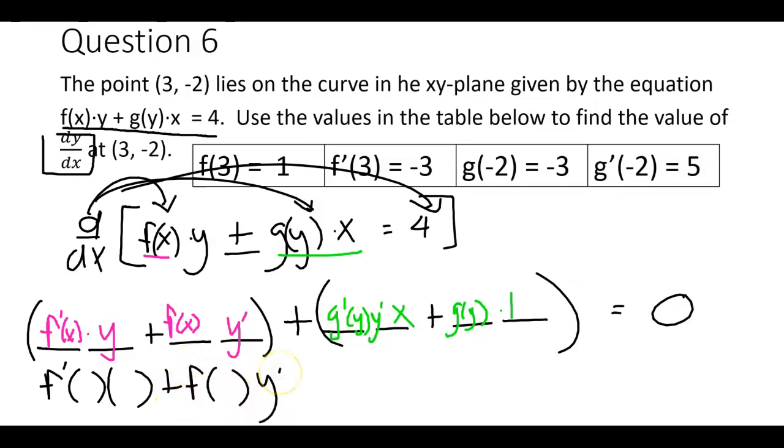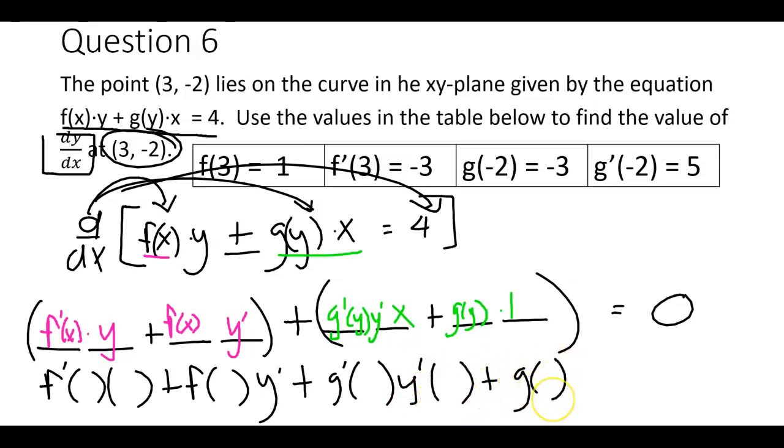I'm not going to put a blank where the y prime is, because remember, we're plugging in these numbers up here. That's an x and a y. That's not a y prime, so we're not going to plug them in for y primes. But we will plug them in for x's and y's. Don't really need the times 1, so I'm just going to get rid of that. All right, so x is 3, so that goes there, there, and there. And then y is -2, so that goes there, here, and here.